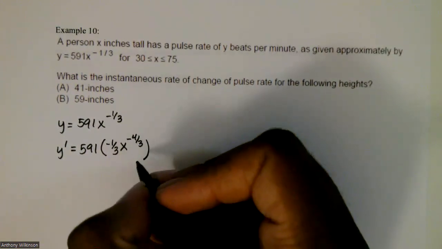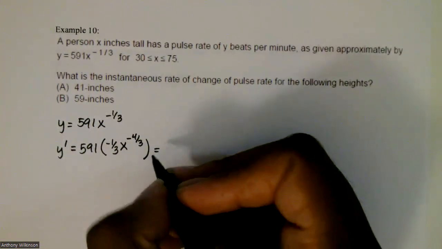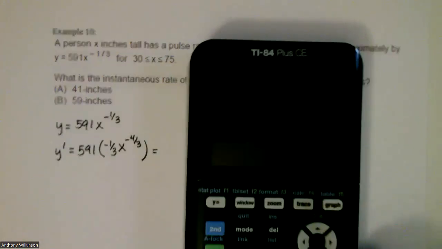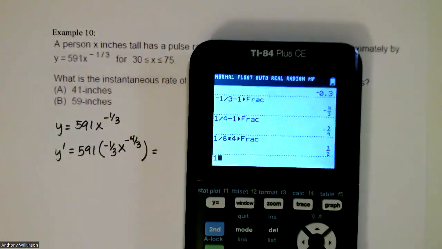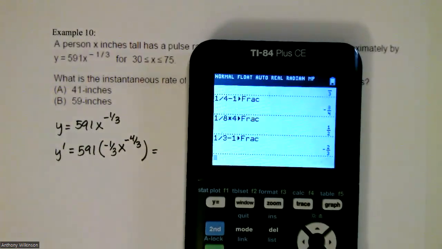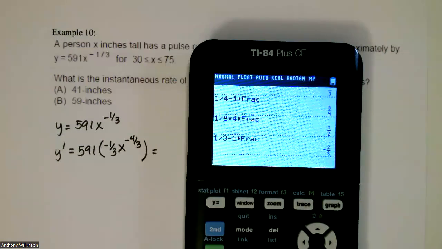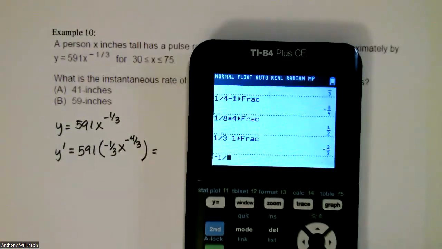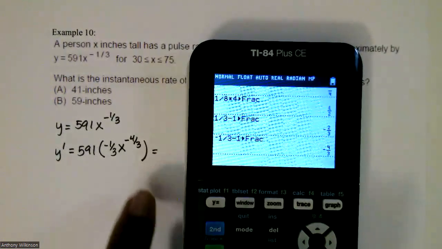In fact, I did a problem just like that where I did this on the calculator. So again, negative 1 divided by 3, minus 1, math, then 1, negative 4/3.